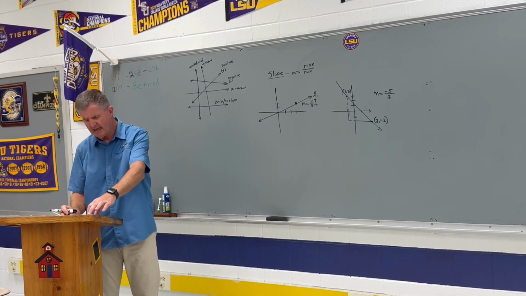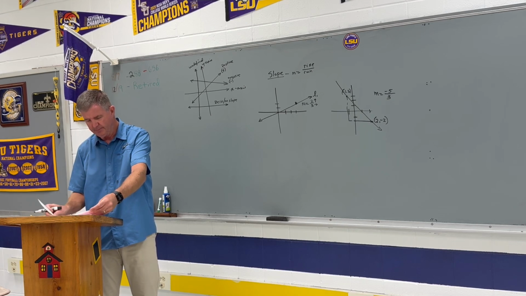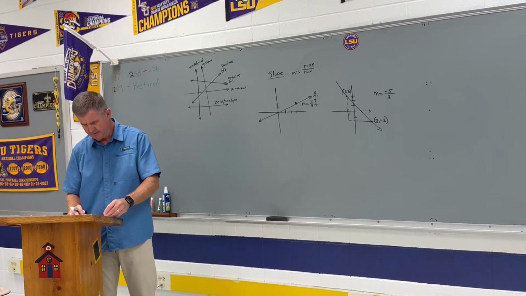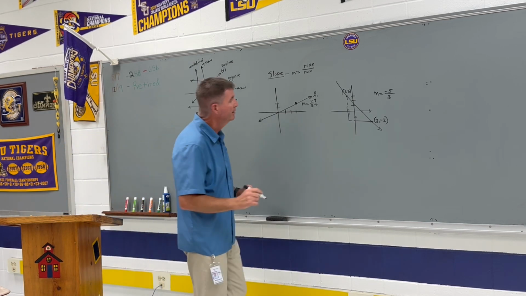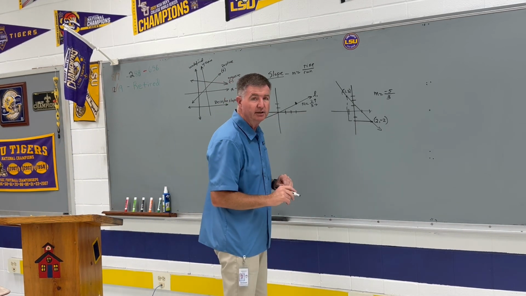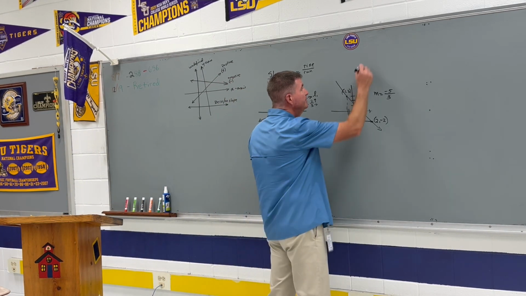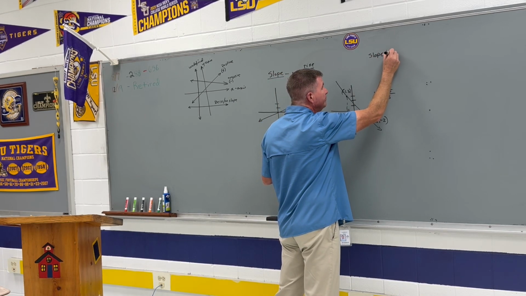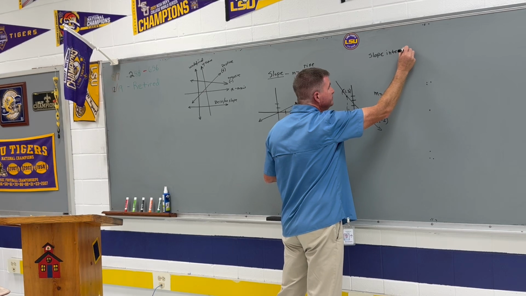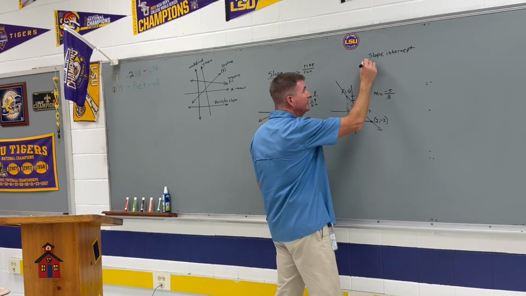Now, we can figure the slope using a slope formula. But before we do, we want to talk about what an equation would look like. This is going to be the slope intercept form of a line.